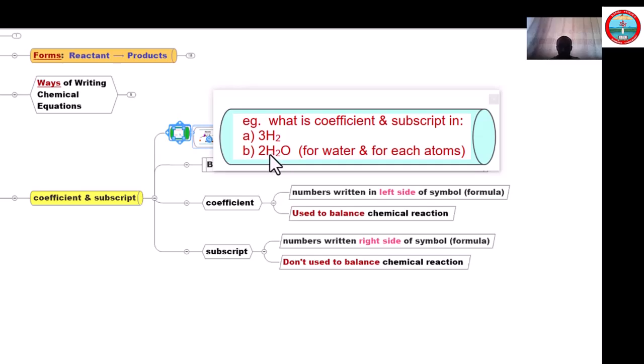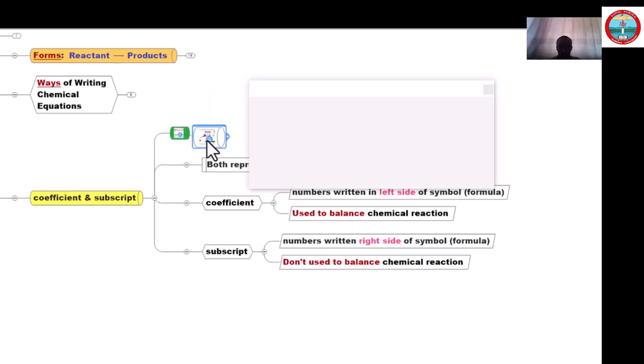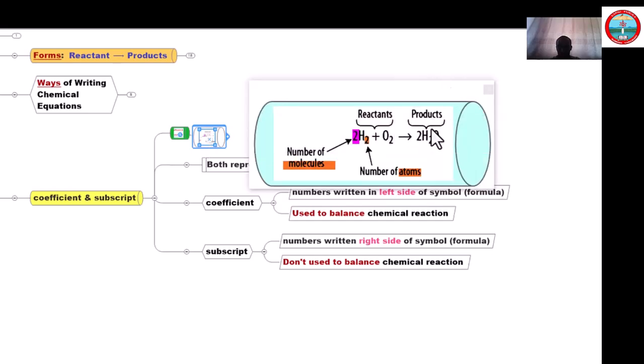Similarly, for this compound, 2 is the coefficient for water, and this 2 is the subscript for only the hydrogen but not for the oxygen. And for oxygen there is 1. This is already known. For this chemical reaction, to produce water we need hydrogen and oxygen, and this coefficient indicates that there are 2 moles of hydrogen, and this subscript 2 indicates the number of atoms.